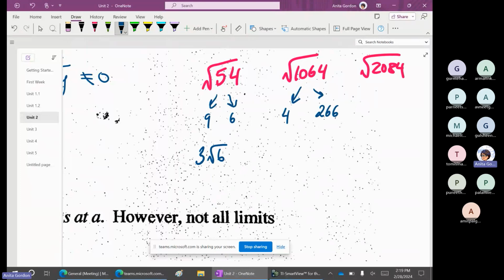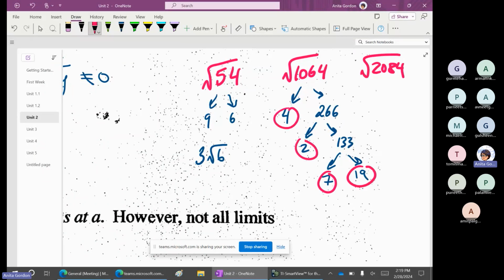You have to use your logic. It's not prime. It has a 4 at the end. Okay, if I prime factorize, I get 19, 7, 2, and 4.